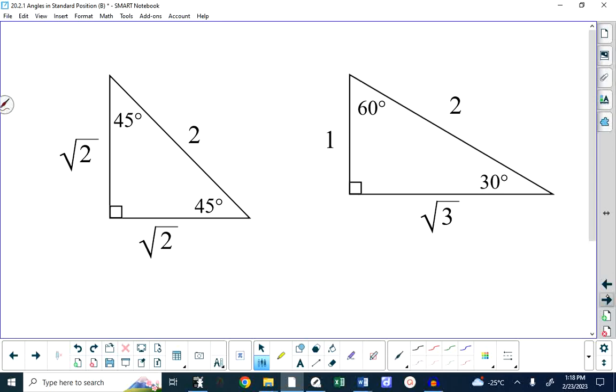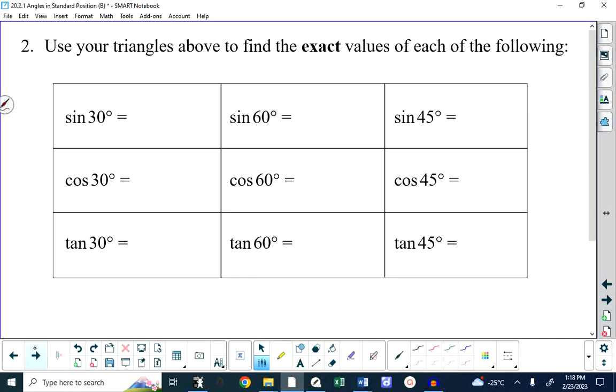So why are we doing this? Because I want to know the exact value of sine of 30 degrees without a calculator. And listen, you could use a calculator here. I don't want you to. You could figure out the answers to each of these 9 statements with a calculator and a little bit of clever thought.